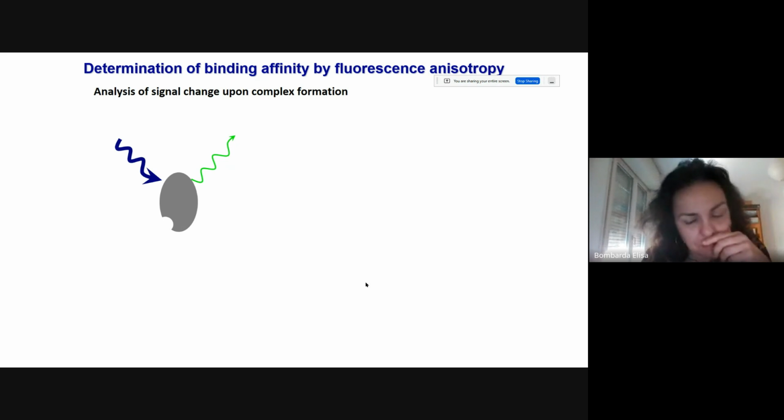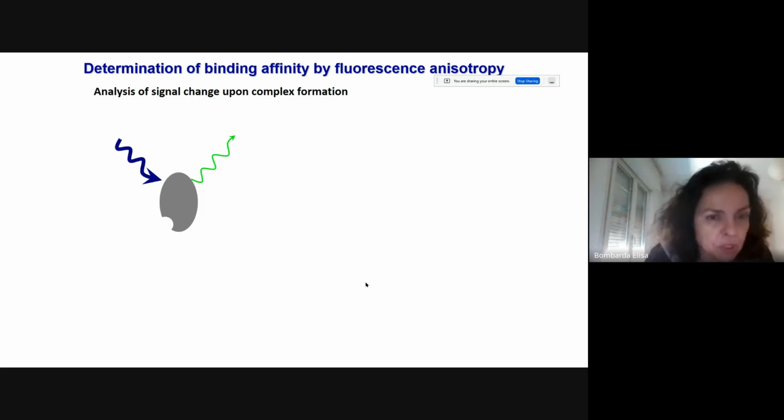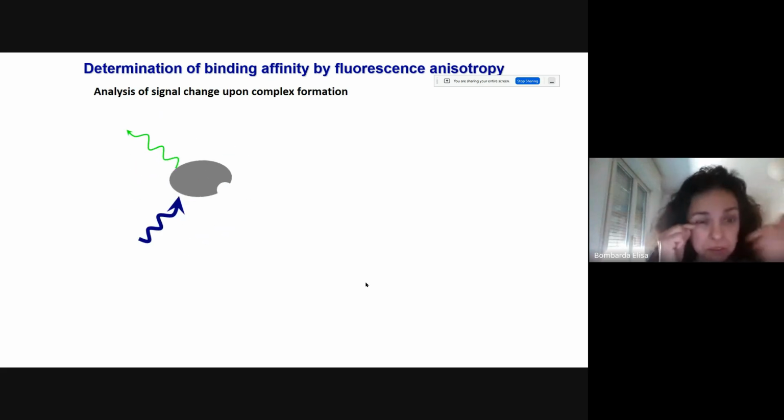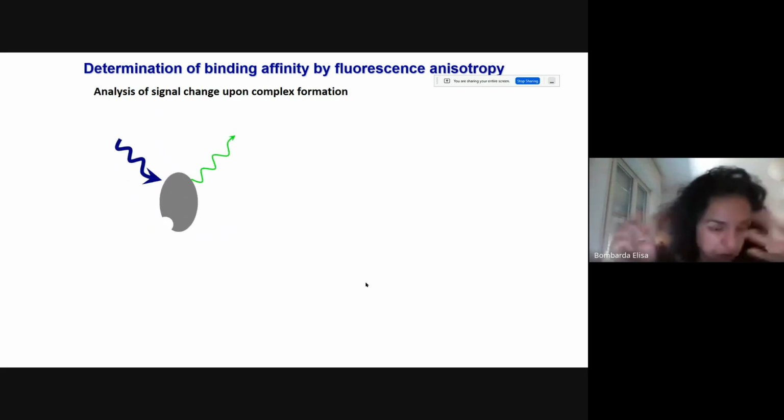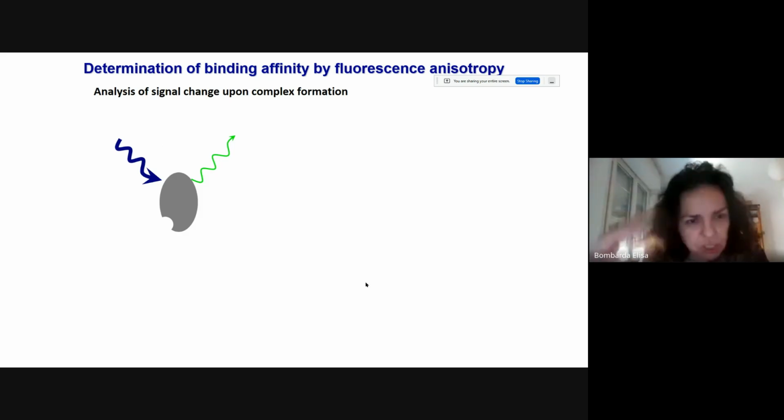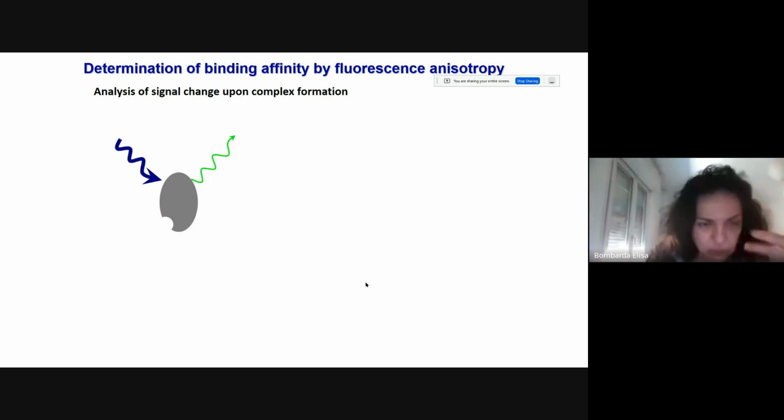We want to determine the binding affinity. Let's say the receptor is fluorescent, so I excite it and it emits. And it rotates with a certain speed, so it will be associated to a certain anisotropy, because the dipoles are changing orientation and so on, as we have just seen before.